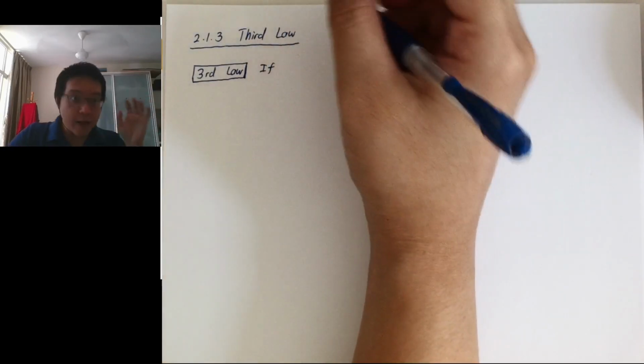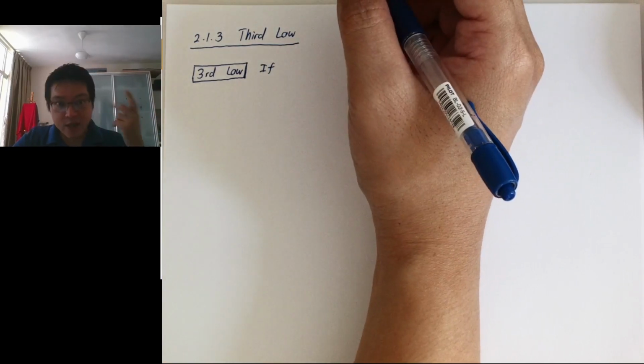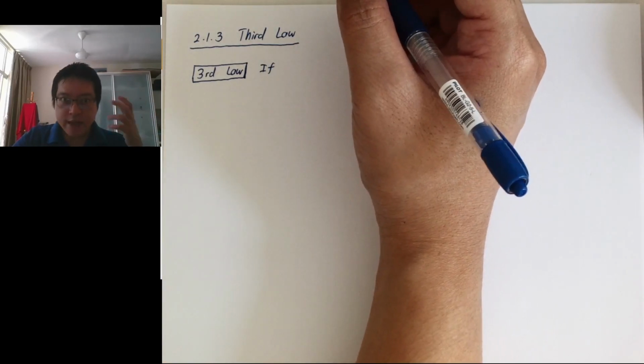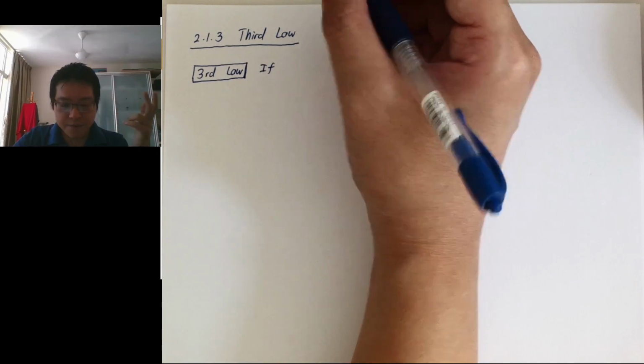So if I have multiple objects, object A and object B, and they are touching each other, what happens?